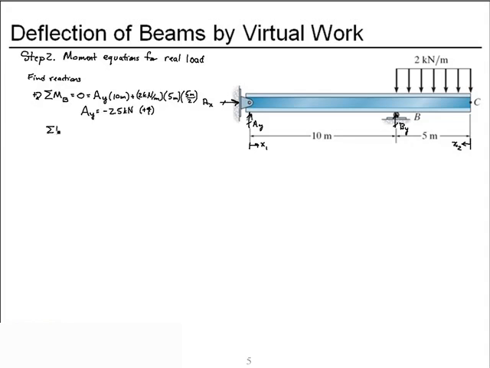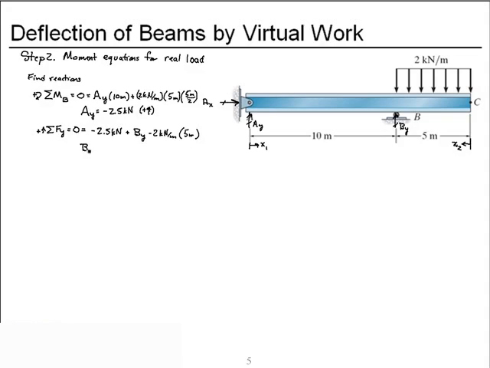Now I sum forces in the Y. Choose up as positive. I have the negative reaction at A, the assumed upward reaction at B, and the downward distributed load acting over 5 meters.